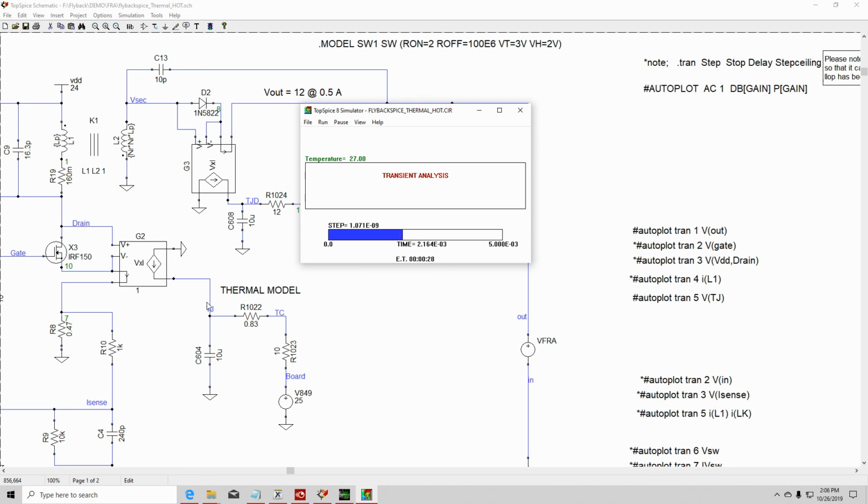In fact, I'm working with one right now on my pulsar. I'm using some GaN FETs from GaN Systems, 650 volt parts, and on that one the thermal model is included in their LTspice and PSpice netlist.